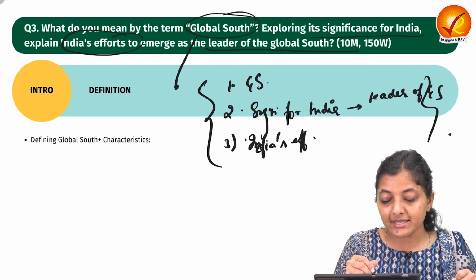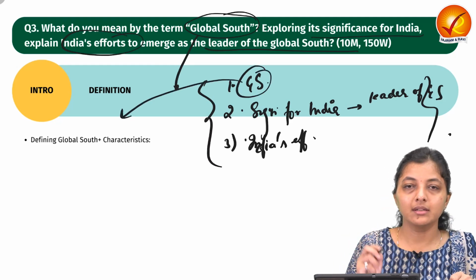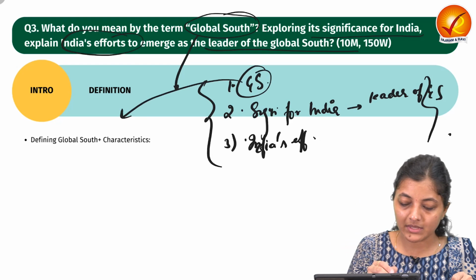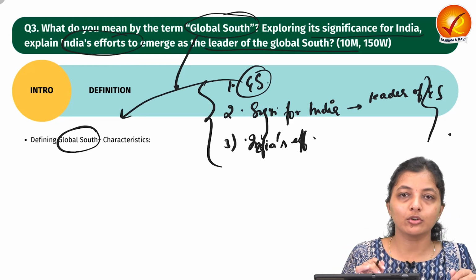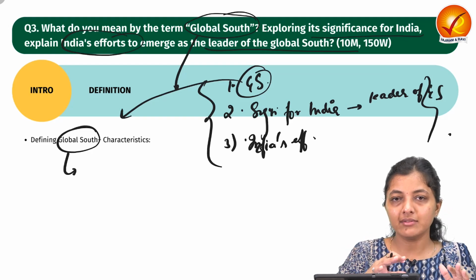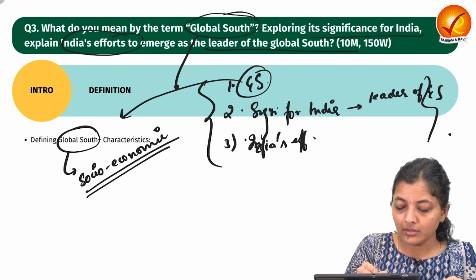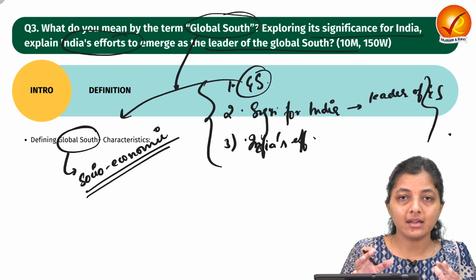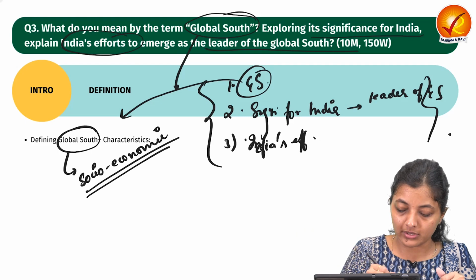Now, the question is explicitly asking what the Global South is. So you can start directly in the introduction with what the Global South is, or you can write some characteristics associated with it. The Global South refers to countries which have similar socio-economic conditions that are less developed compared to the Global North.